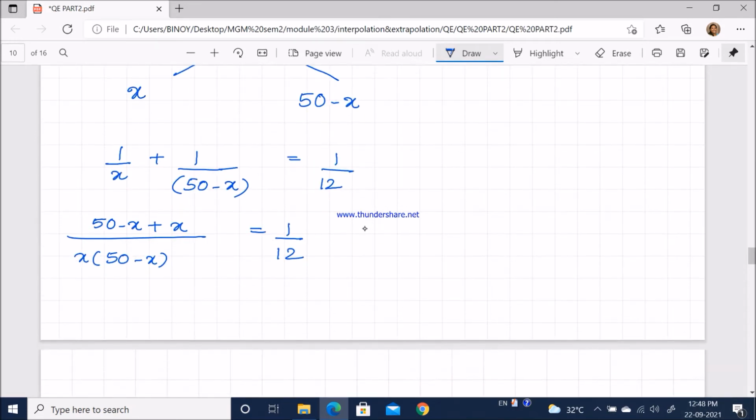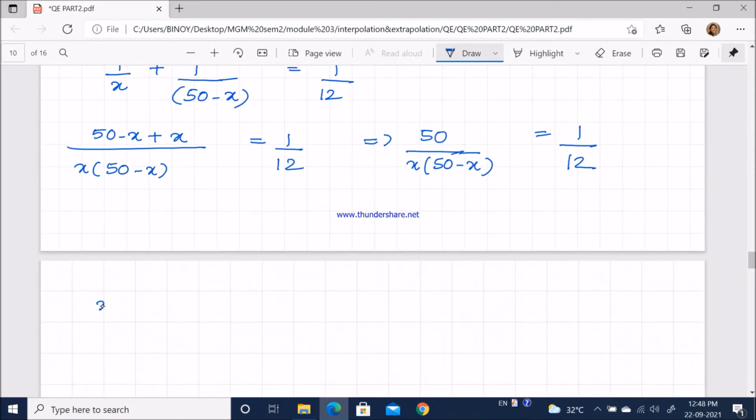This is nothing but 50 by x into (50 minus x) equals 1 by 12. So cross multiplying, we get x into (50 minus x) is equal to 600.